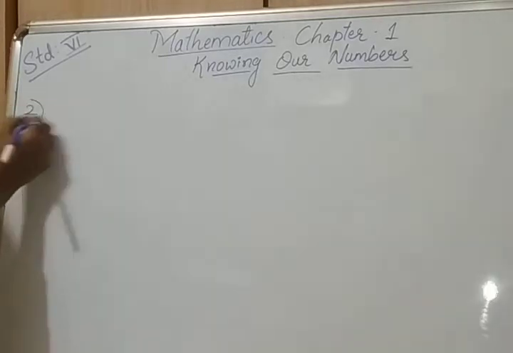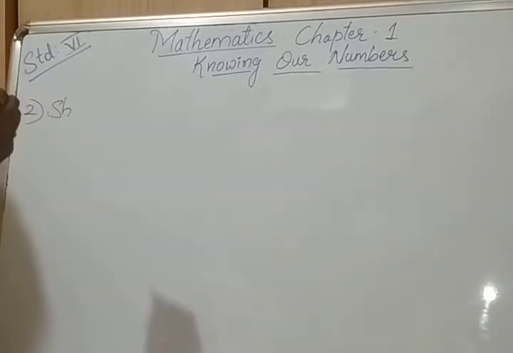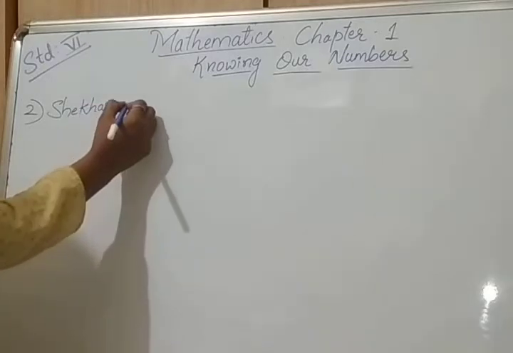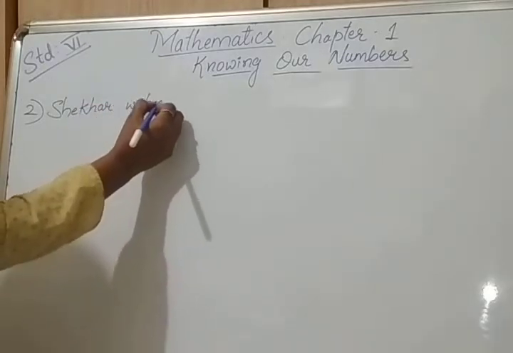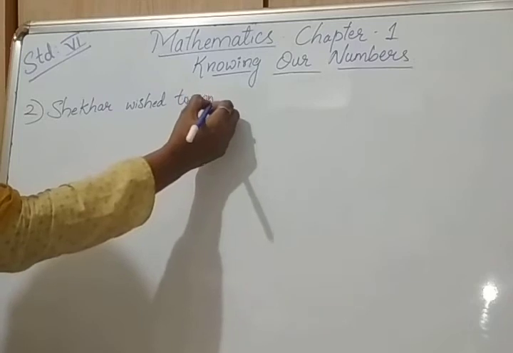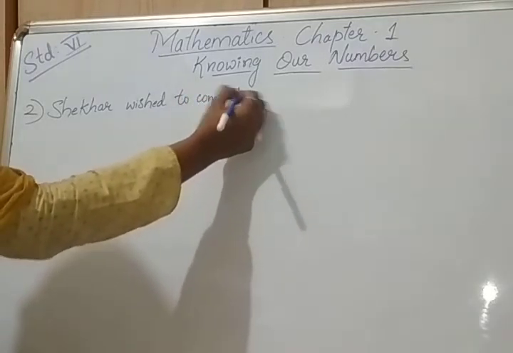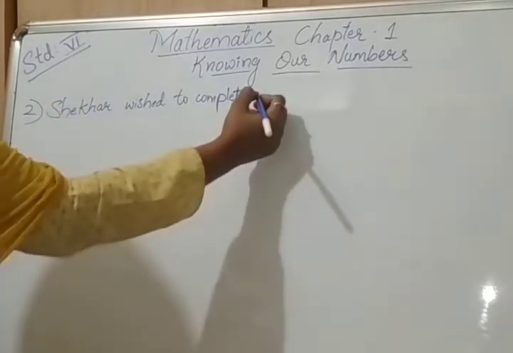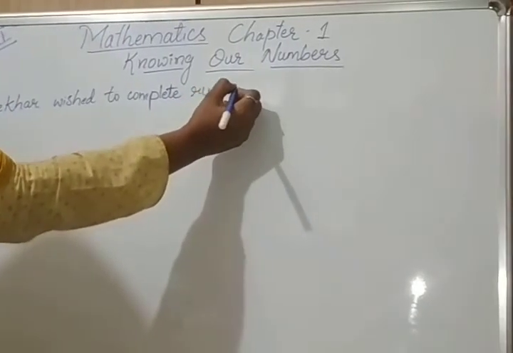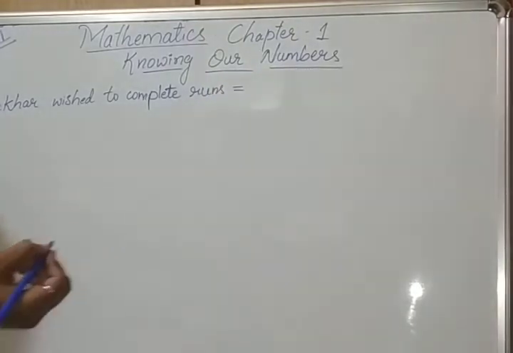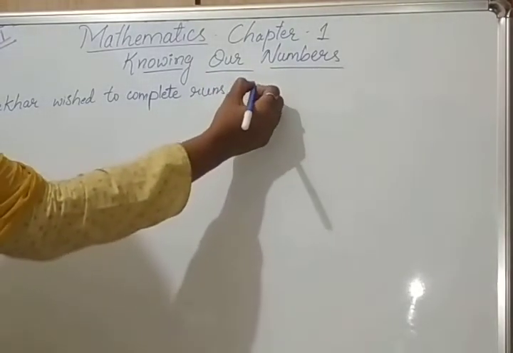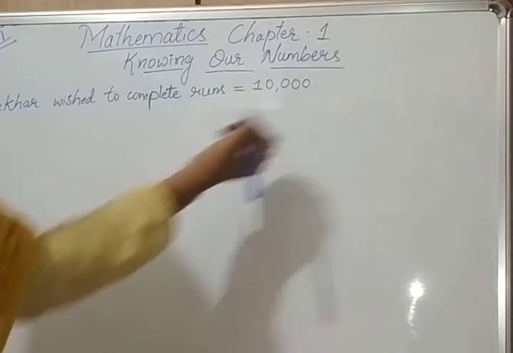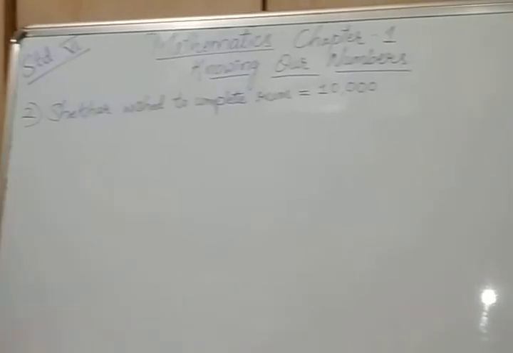Write down: Shekhar wished to complete runs is equal to how many runs he wished to complete? 10,000 runs. 10,000 runs. But how many runs he scored?